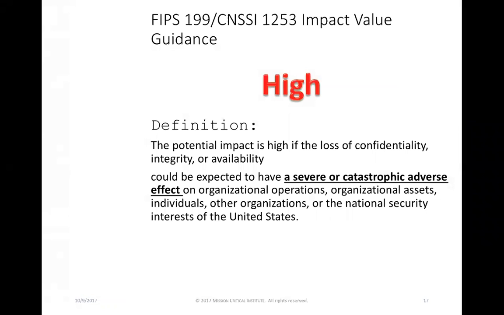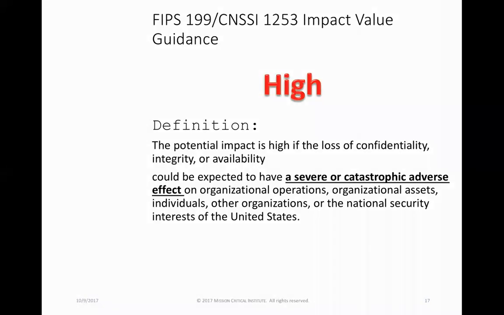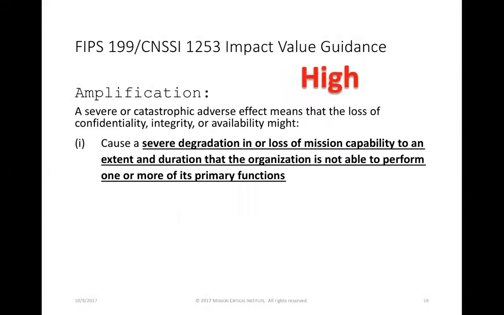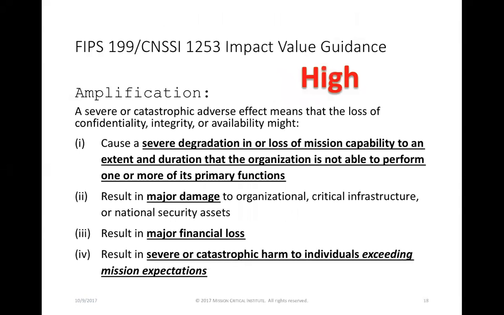The definition of a high impact value to the system is that it would be expected to have a severe or catastrophic adverse effect on the organization's operations, assets, individuals, other organizations, or national security of the U.S. An amplification on that: if there's a high impact value, you can expect severe degradation or loss of mission capability to an extent and duration that the organization is not able to perform one or more of its primary functions.